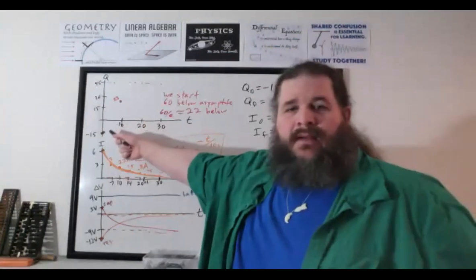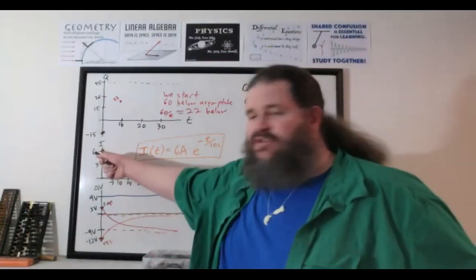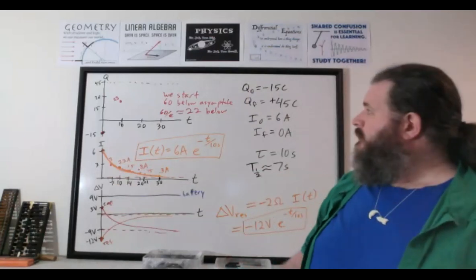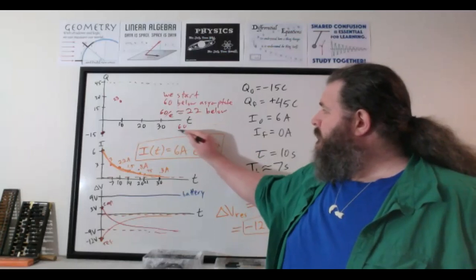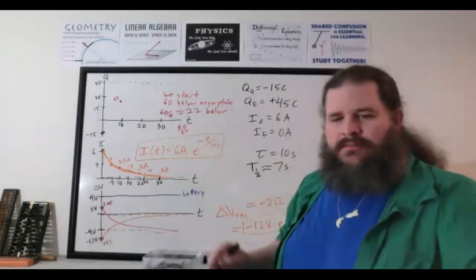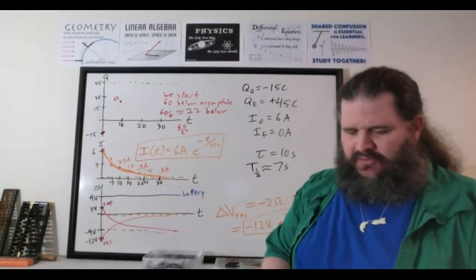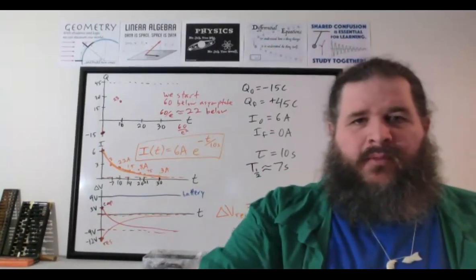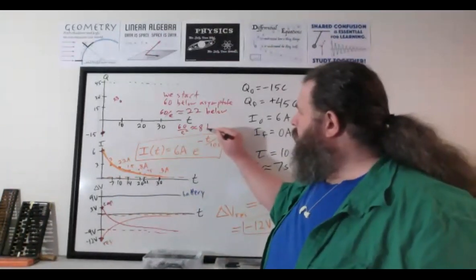And then if we go one time constant further forward, once again, we can divide by e again, or we can think of it as original divided by e squared. But that's the original being 60 below the asymptote. 60 below divided by e squared. We take 60 divided by e squared, we get about 8.1. So about 8 below.